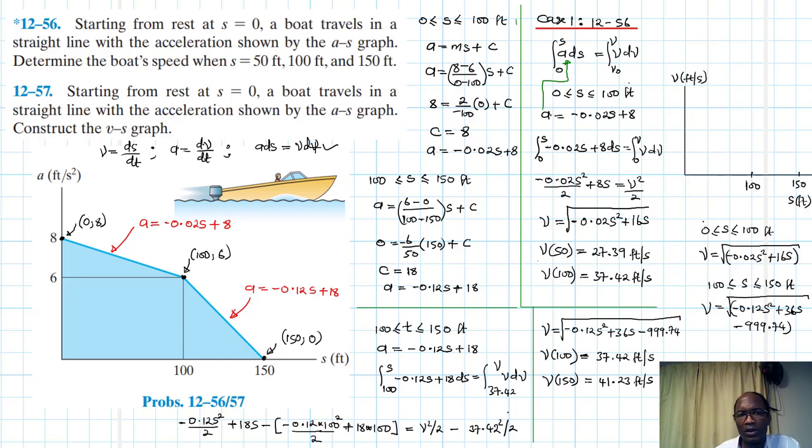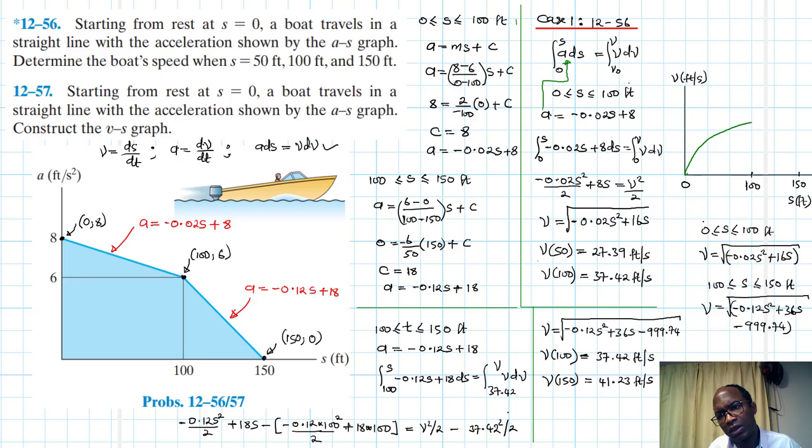So in the first interval, at s equal to 0, velocity is 0, and at 100 we found the value 37. This is a root, so it is going to look something like this.